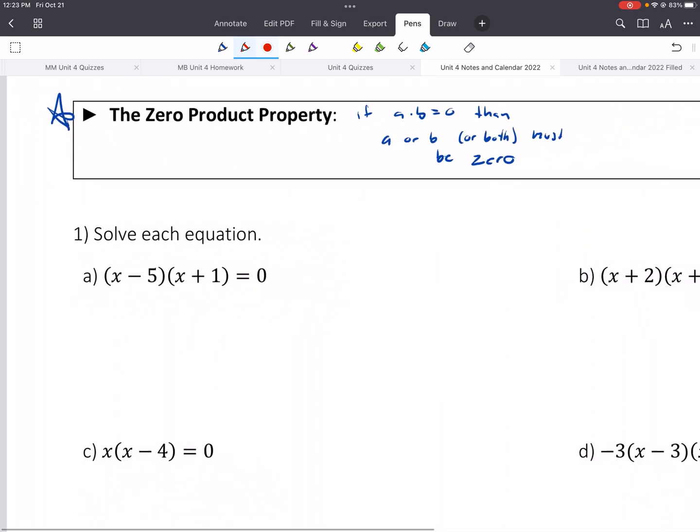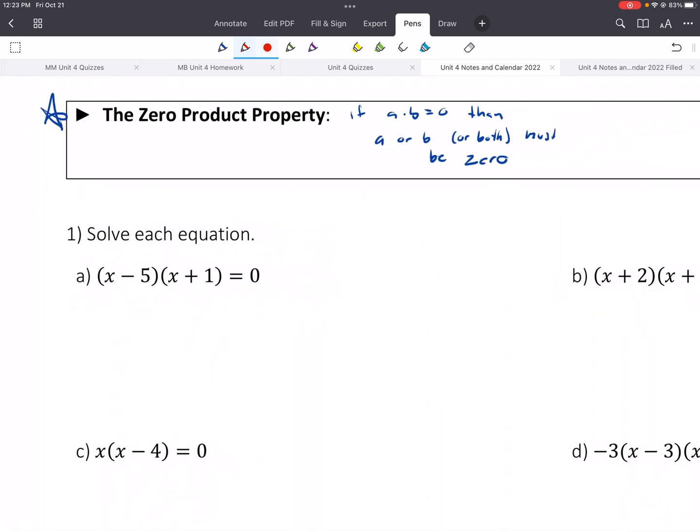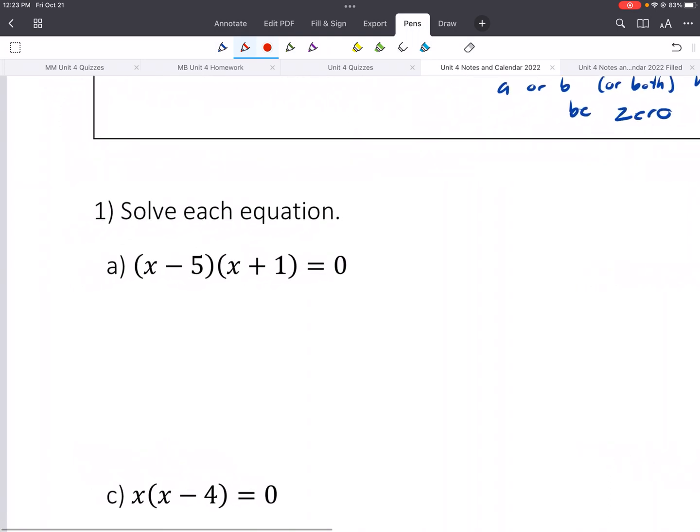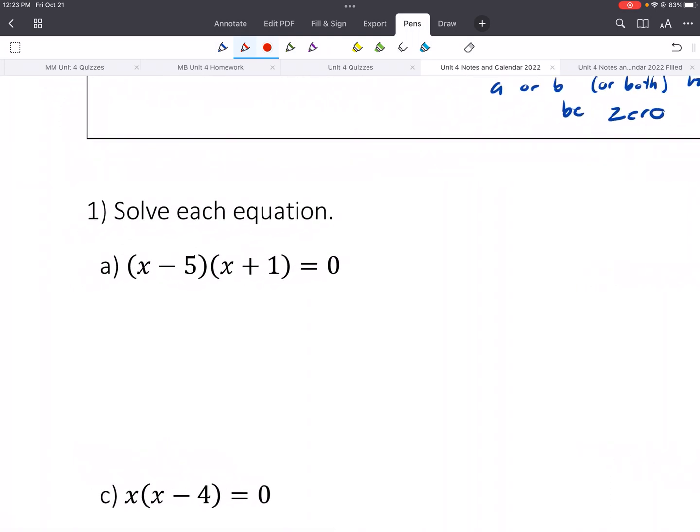These are called factored form. So you've already factored them, and we need to know what the solutions are. Just like we talked about a times b equals 0, here we are multiplying these two binomials. This could be a, and this could be b. So basically we want to know, what does x need to be to make that 0?